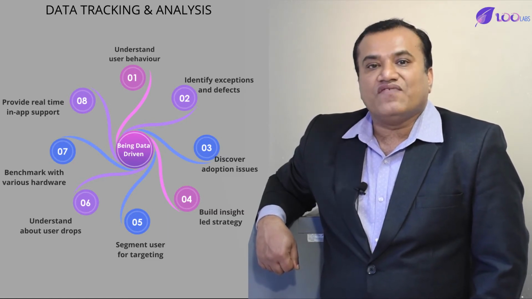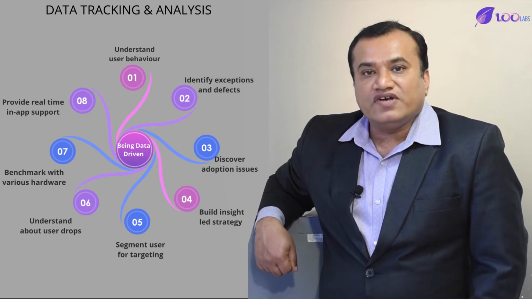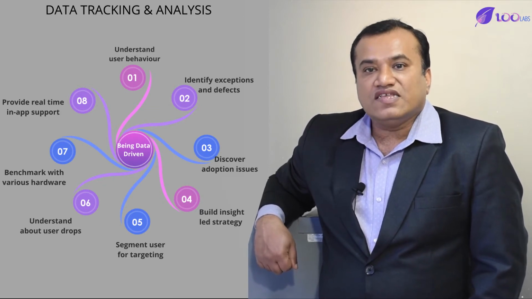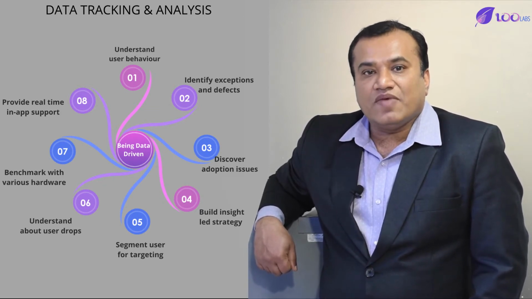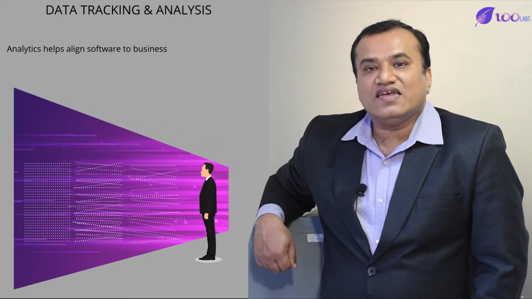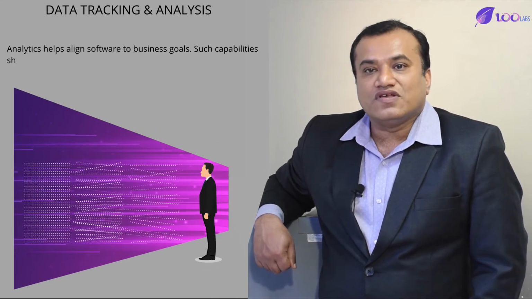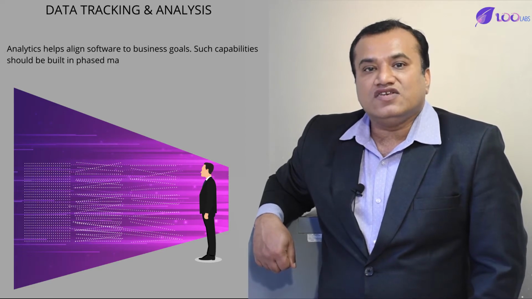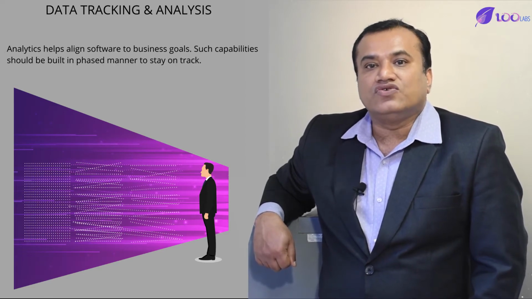By analyzing the failure logs, failure points can be pinpointed. This can help provide real-time help and support to users in-app at failure points. Software usage analytics can go a long way in aligning the software to business goals, but such capabilities need to be built in a phased manner to stay on track.